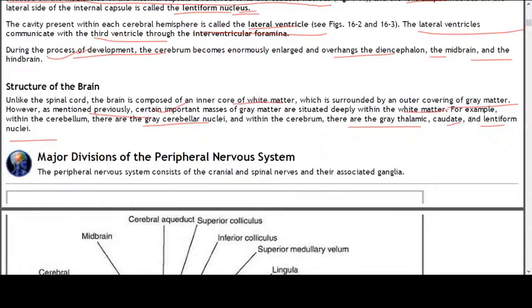Within the cerebrum there are the gray thalamic, caudate and lentiform nuclei.